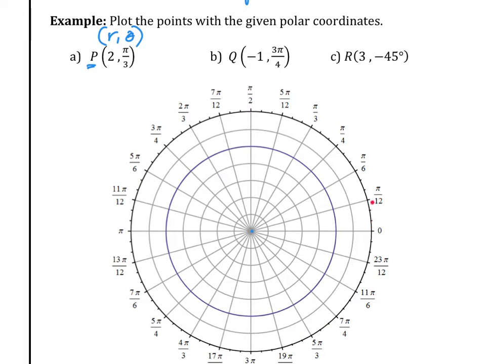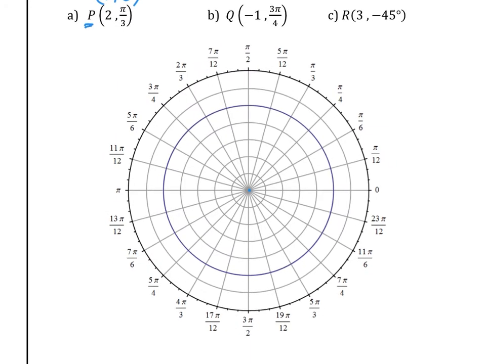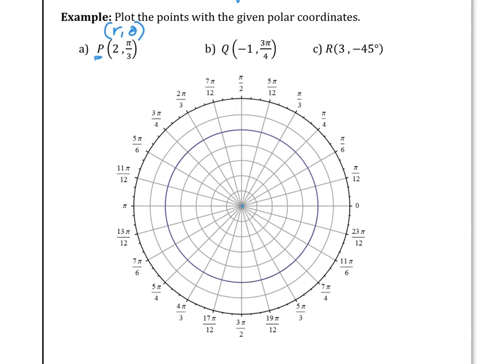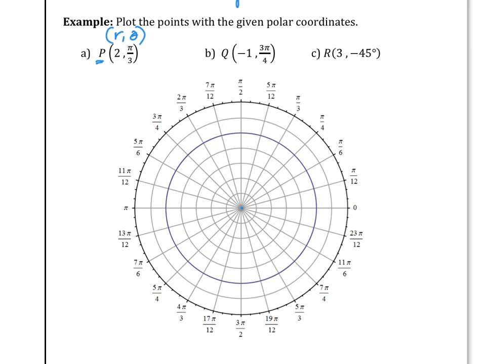When you go in this direction, you can see the angles start to get larger. And if you go in this direction, you're going in the negative angle direction. So this would be negative, even though it looks like the numbers are getting larger, it's just going around in a circle.